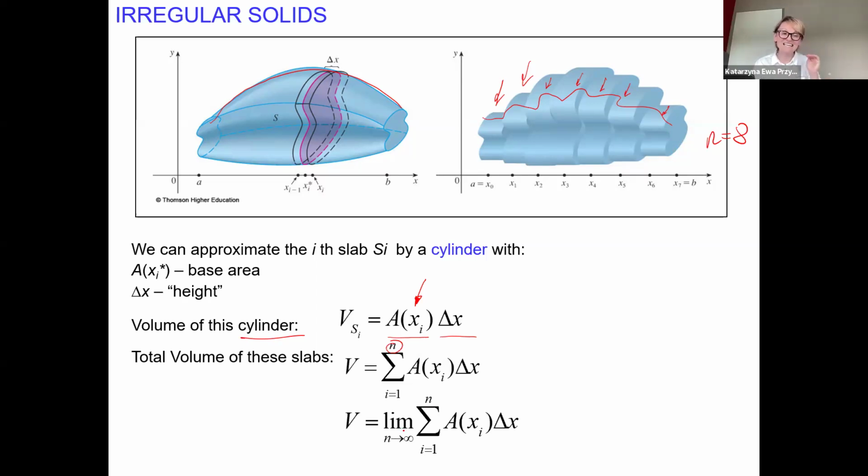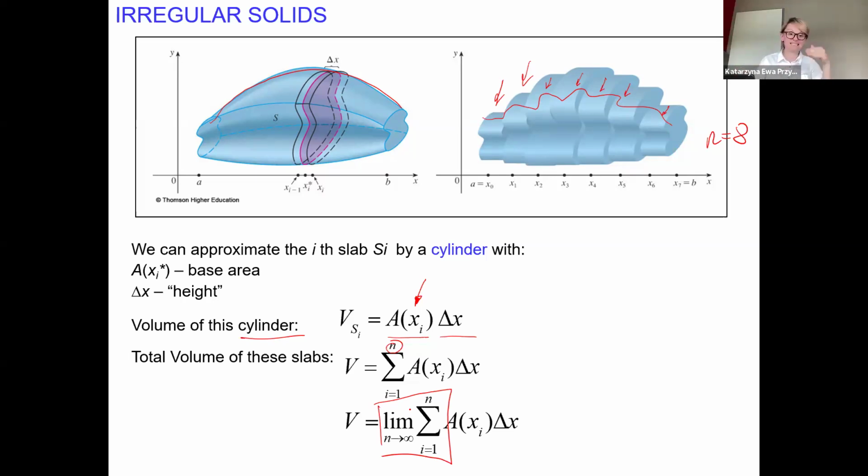We want infinitely many of these slices because then they are going to be so thin that the height will be almost zero. But that's what we need. We need infinity, and this is the limit. And can you also help me? Limit of the sum, how can we simplify it? Summation means adding infinitely many items, and the limit is n goes to infinity.